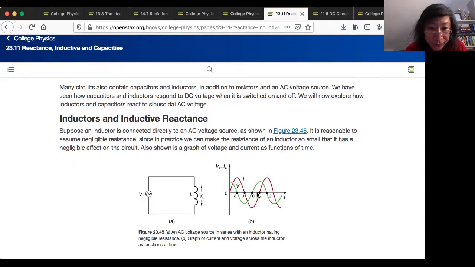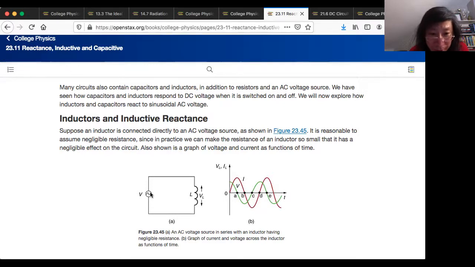Well, that's really interesting. Capacitors and inductors respond to DC voltage, but when they react to AC voltage, they do something slightly different. In this chapter, it also talks about capacitors in AC circuits, so it's important. Here's that little symbol. Instead of a battery, which is the long bar and the short bar, now we have this AC voltage source, like maybe your wall plug.